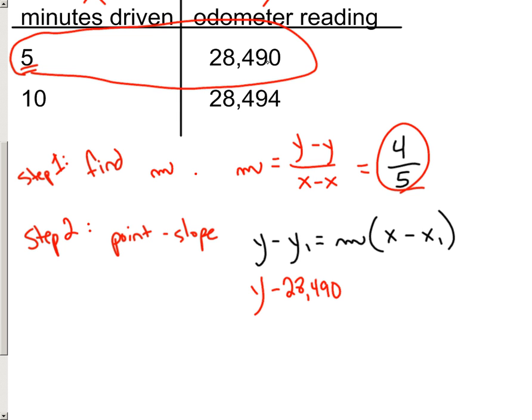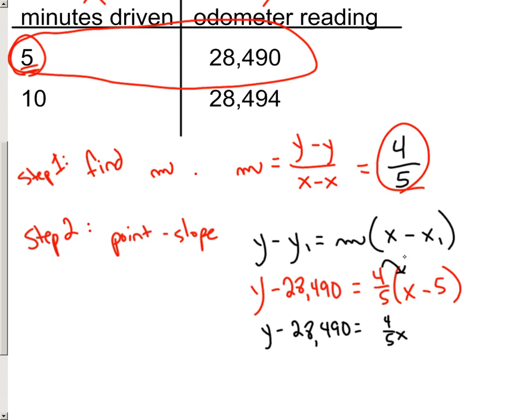I'm careful to put my y value into my y1 spot here. The slope is 4/5, so I'll plug that in. And my x is 5. So y minus 28,490 equals 4/5 x with multiplication there. And 4/5 times -5 is -4.